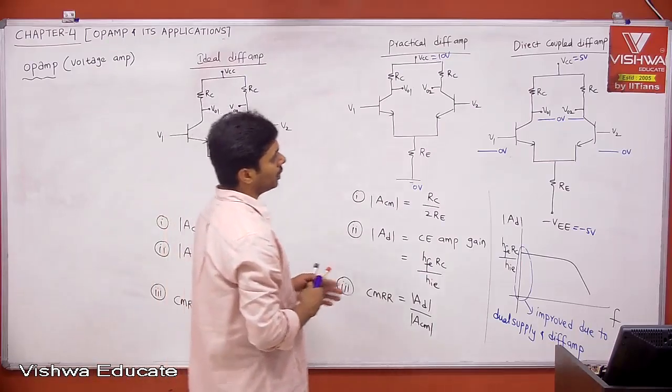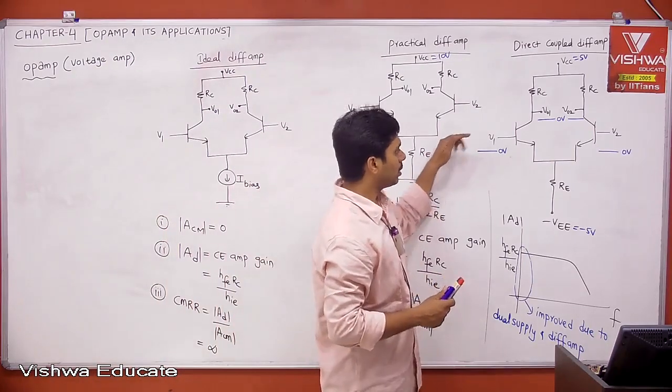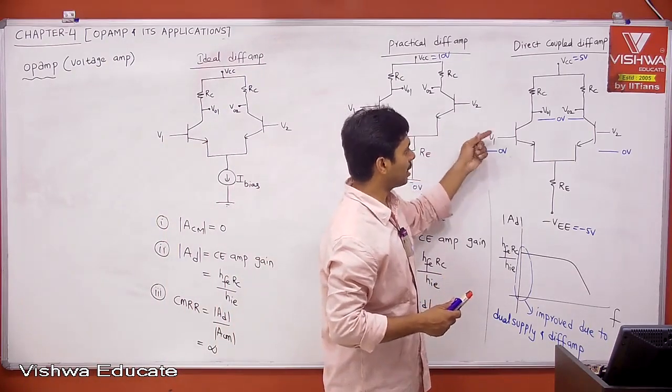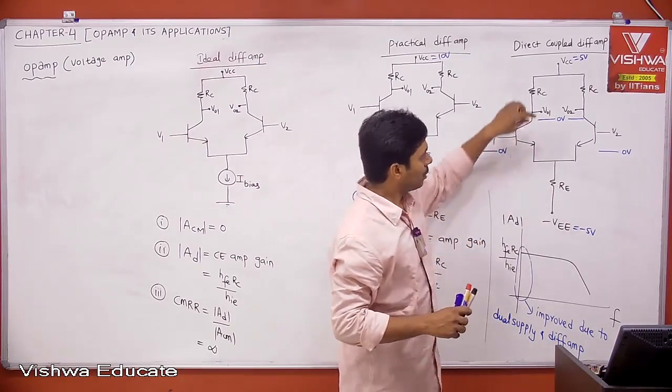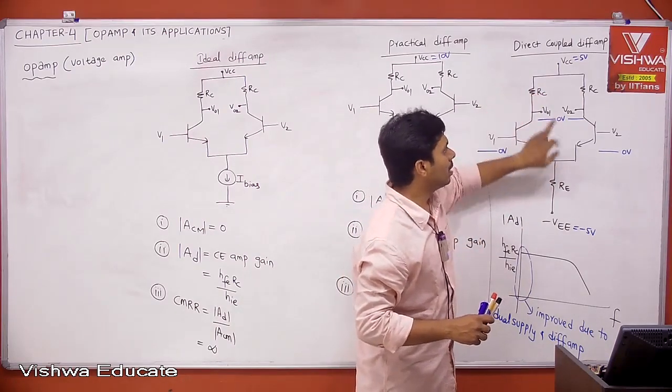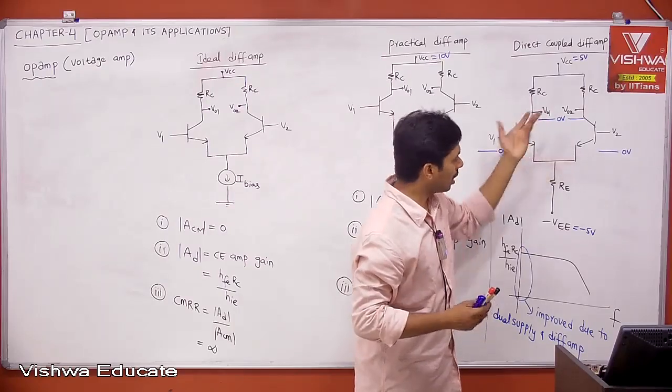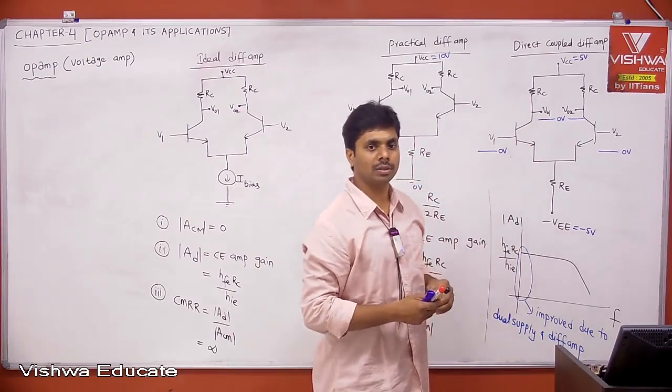Because we don't need to bias, the zero voltage itself acts as the bias voltage, which is the common mode voltage, which is 0, and no need to block the output DC voltage. The zero voltage itself is your DC or bias voltage at the output. Okay.